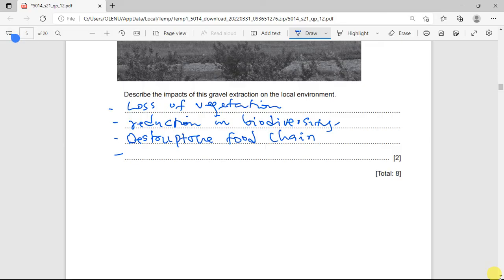Breaking the rocks to make gravel also causes noise pollution. I think that's the major stuff.